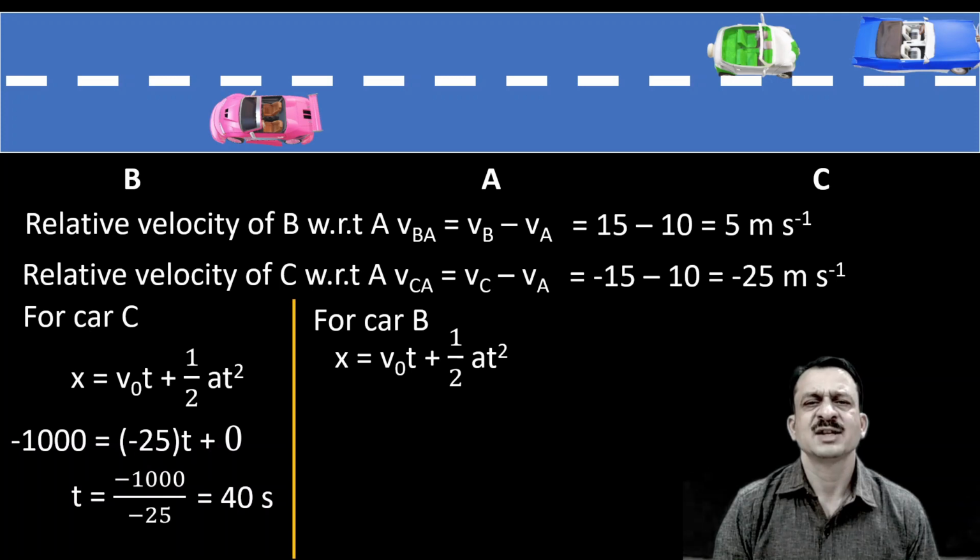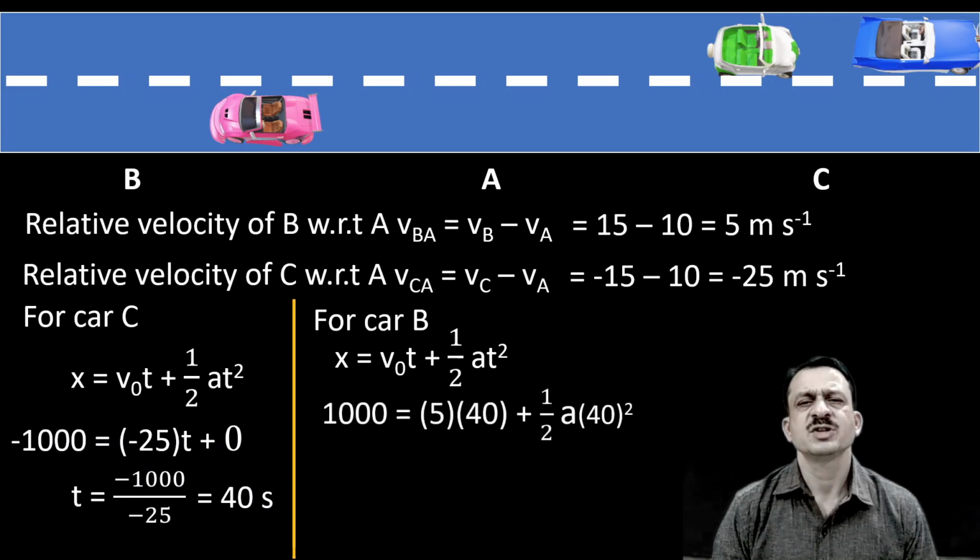Here it is moving with an accelerated motion. Now substituting the values, x is 1000. Since car B is moving along the positive x-axis, we take distance as plus, and velocity is 5 into 40 plus half into a into t, which we calculated earlier as 40 square.